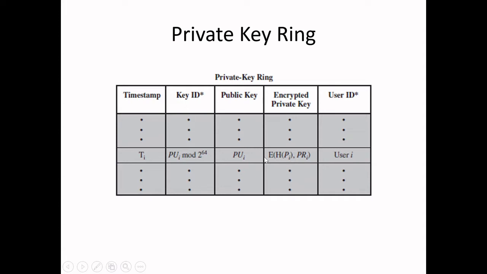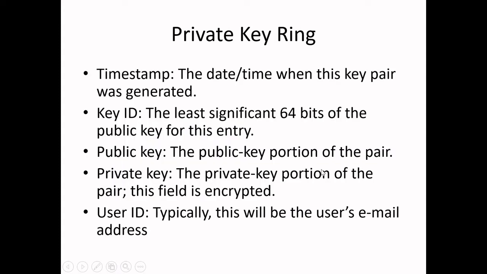And what about the private key? If it is stored as is, what security issue can arise? It can be stolen. So it has to be encrypted and stored. How we are going to encrypt it, we will look at later. And also the user ID. So the private key ring contains a timestamp, the date and time when this key pair was generated.